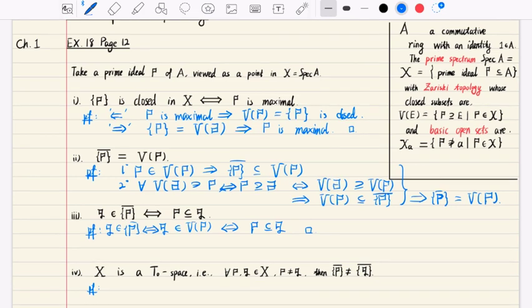We want to prove that for any two different points, their closures are different. By the third question we have already seen this.